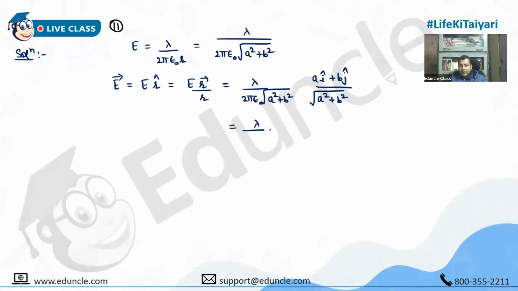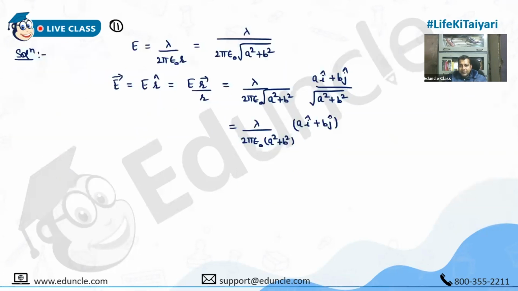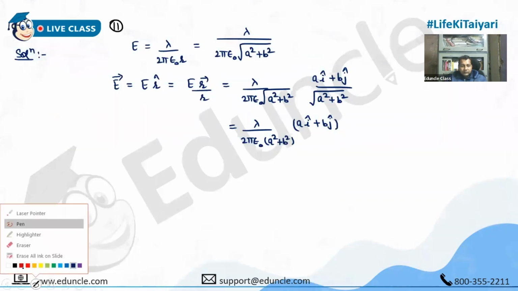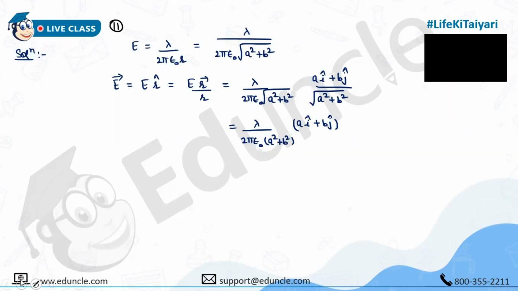So it will be lambda by 2 pi epsilon naught into A square plus B square, times A i plus B j. Instead of i, they are calling it E x cap, E y cap, like that. Clear?